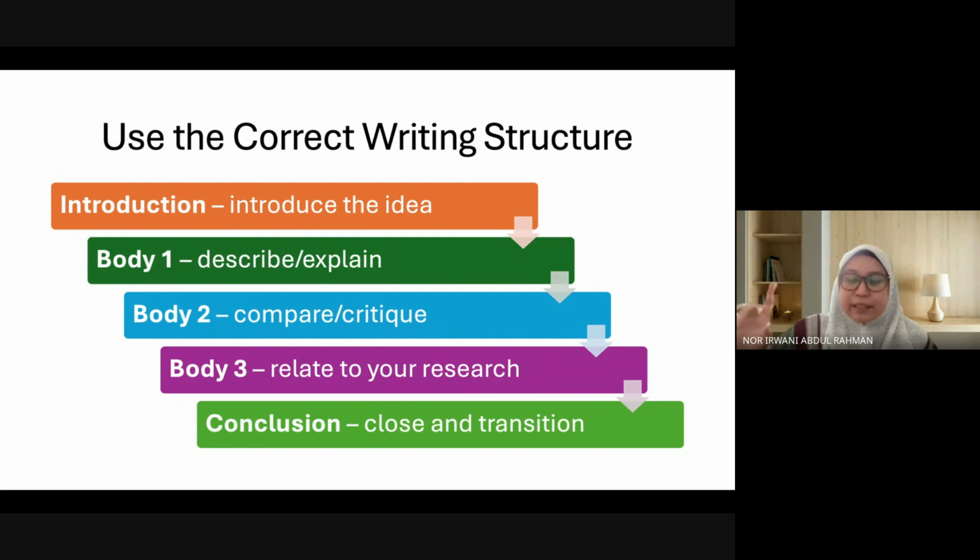Use the correct writing structure. This is a basic one that I got from my advanced qualitative class from Professor Dr. Suhaimi at IIUM. I asked him how he would say a thesis should be. You would like to ensure that your thesis is readable and understandable.